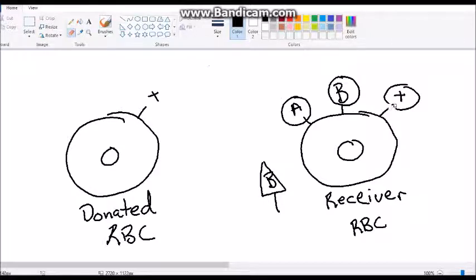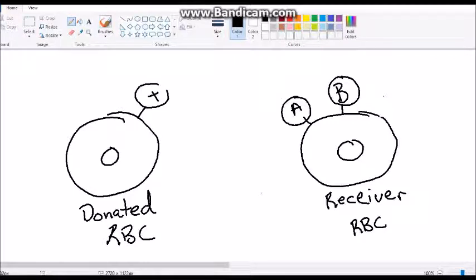Since it's negative, there's not actually going to be a marker on it, and there's definitely not going to be that B antigen. And let's stick with that same O positive for the sake of simplicity.